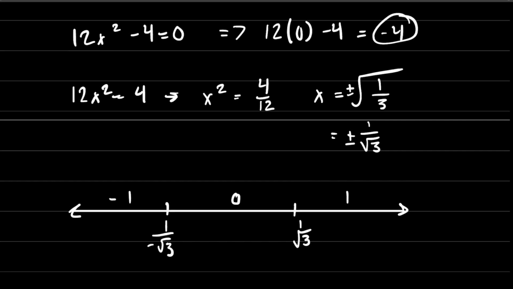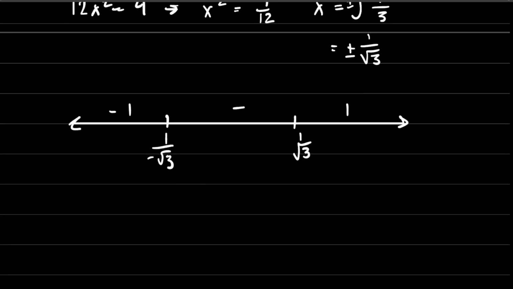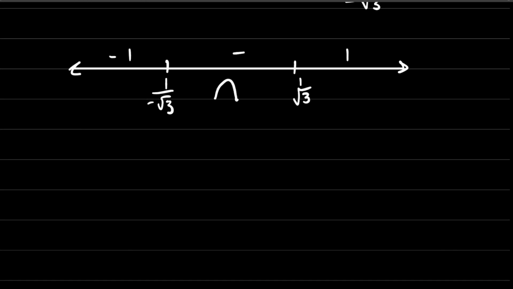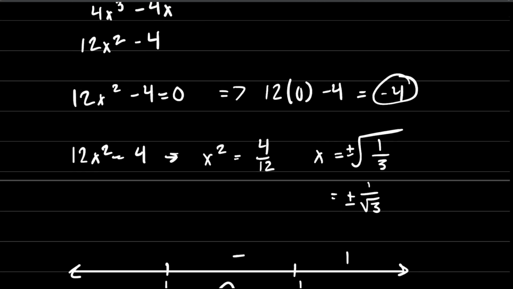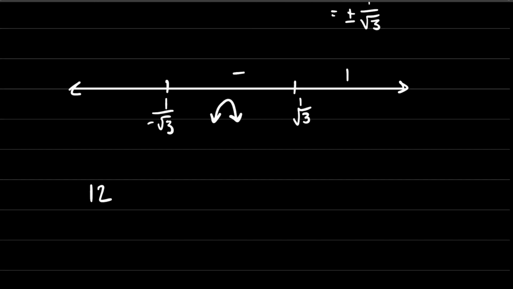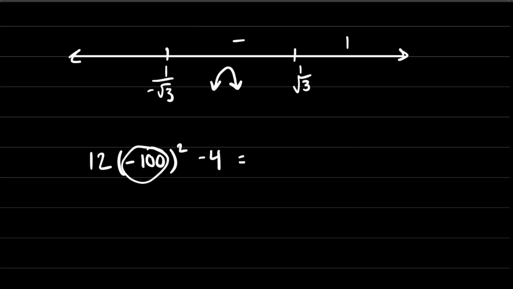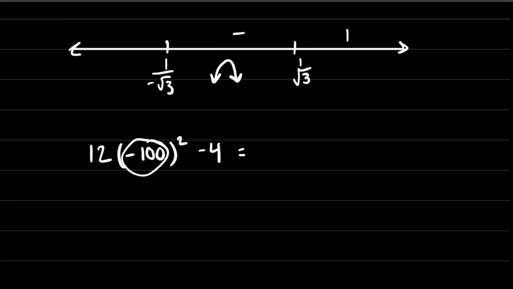So we can say that this section here is negative, which means that it is concave down. And then on this section here, we can plug in, let's say, 12 times negative 100 squared minus 4. That's going to be positive because this negative 100 here ends up squaring into a positive 10,000.